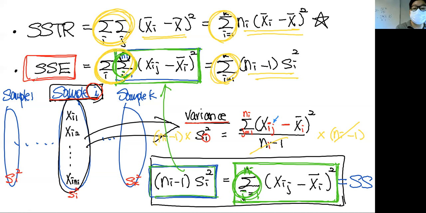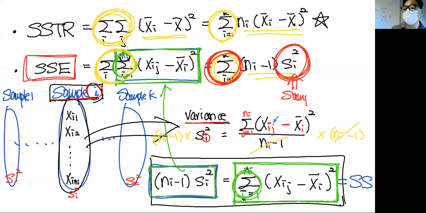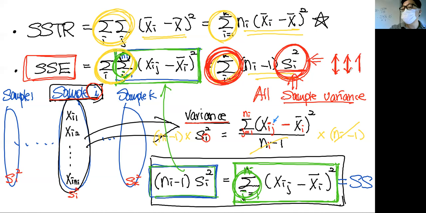What is the SSE? Simply it is a summation of each sample variance. So SSE is simply the summation of all the sample variances, and actually it is the inside variation.